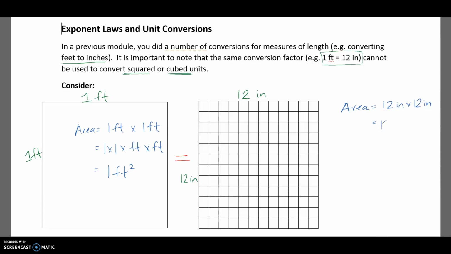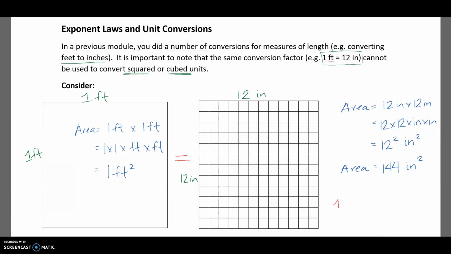Same idea, the numbers get multiplied together, 12 times 12, and the units get multiplied together. 12 times 12 is 12 squared, or 144. You could write it either way, and inches times inches is inches squared. So the equivalent area in square inches is 144 square inches.